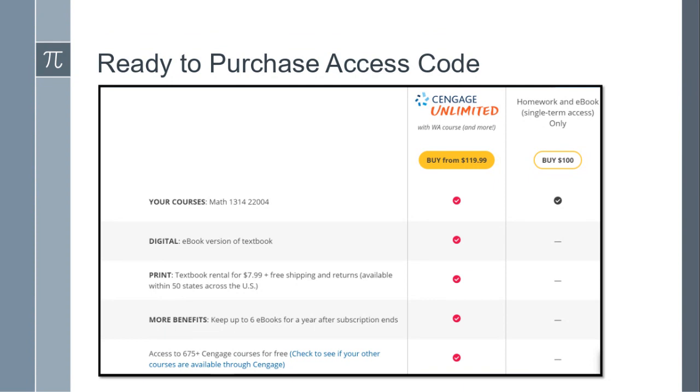If you buy the $119.99 one, that's going to include their textbooks as well. But their textbooks have to be Cengage textbooks. The benefit is that you would have access to all of those textbooks. The next few slides will also give you an idea what comes with this $119. Okay.